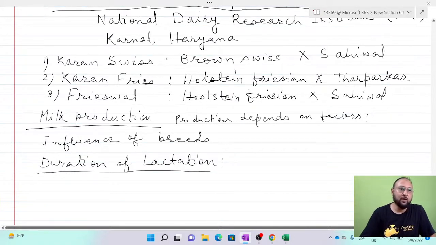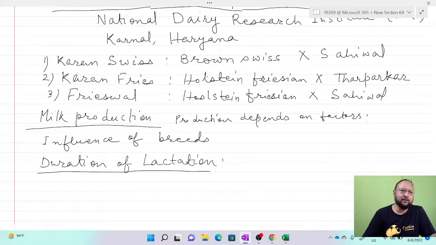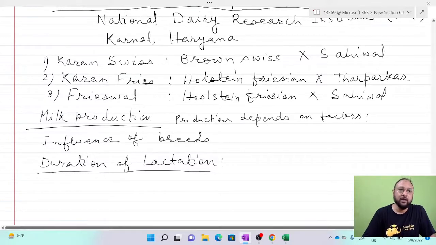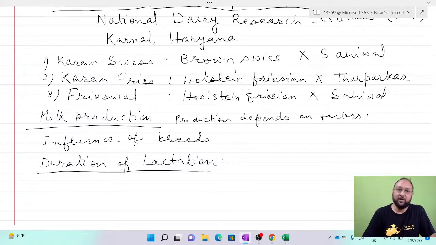The period from the time the calf is born until the cow ceases to give milk is called the period of lactation. The lactation period of Red Sindhi is 230 to 340 days, whereas the lactation period in exotic breeds is longer. So that is another point.